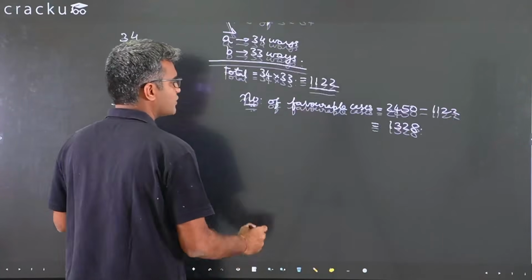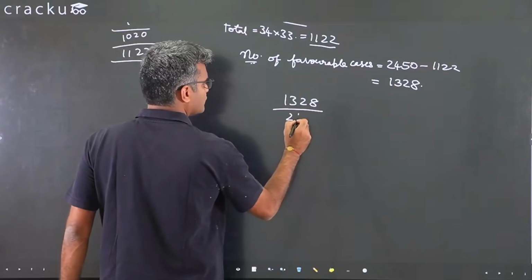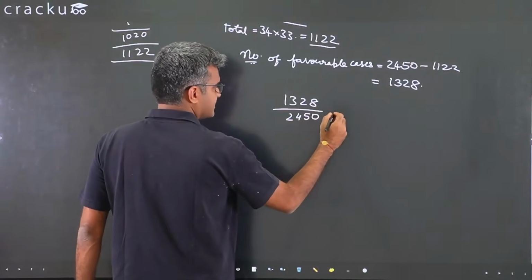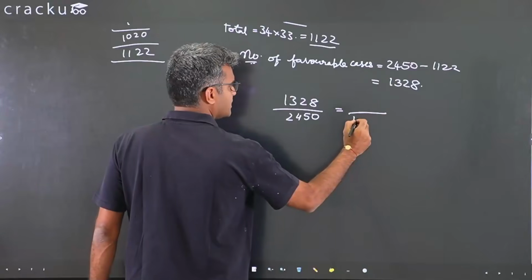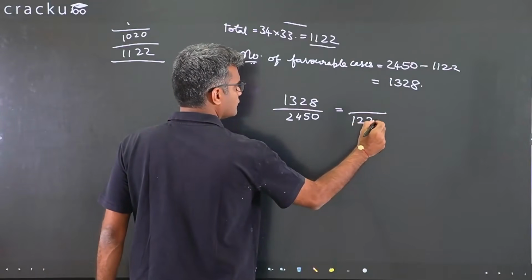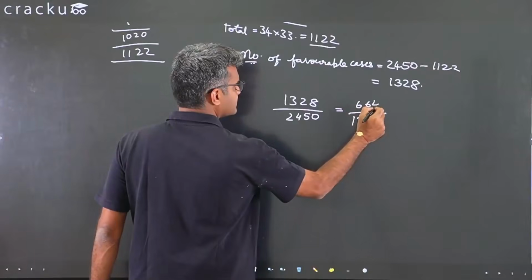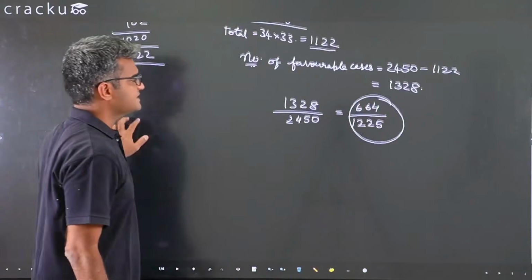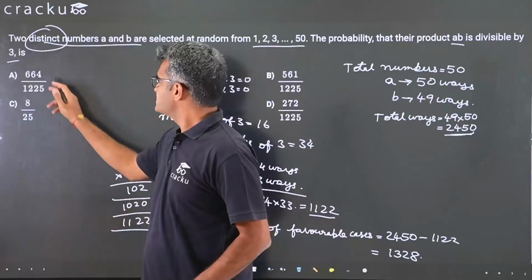And therefore, the required probability will be 1328 divided by 2450. We can divide the numerator and denominator with 2. So, this is 1225 and this will be 664. So, the required probability is 664 divided by 1225, which is option A.